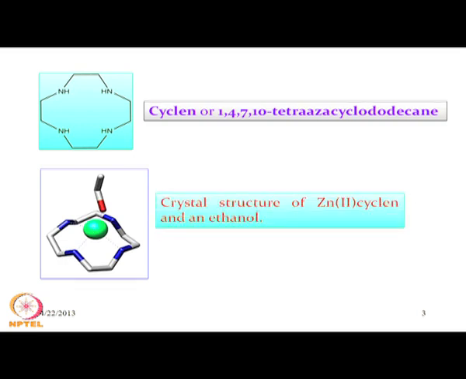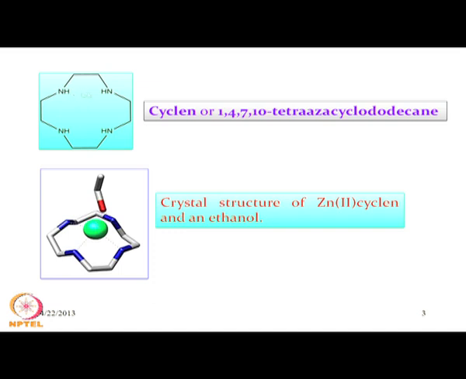So, when we have the corresponding compound of zinc with cyclen, the zinc atom is sitting on this particular ring, and one ethanol molecule is coordinating, fulfilling the 5th coordination site for the zinc atom.